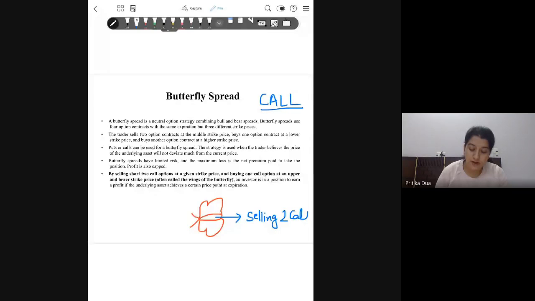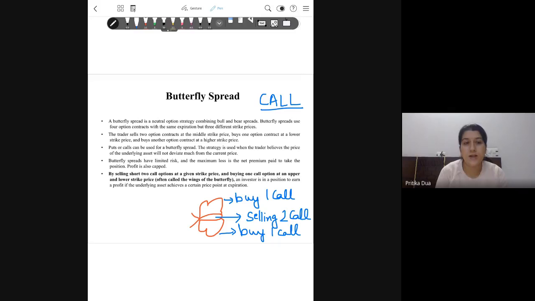The upper wing, we buy one call at the upper strike price and we buy one call at the lower strike price. So you are entering into four call option contracts.